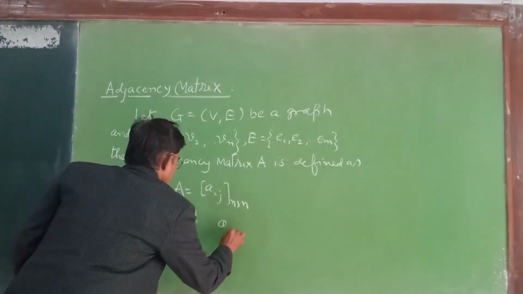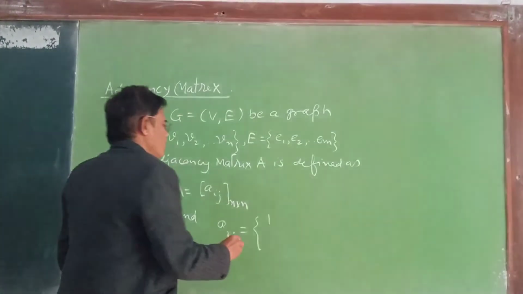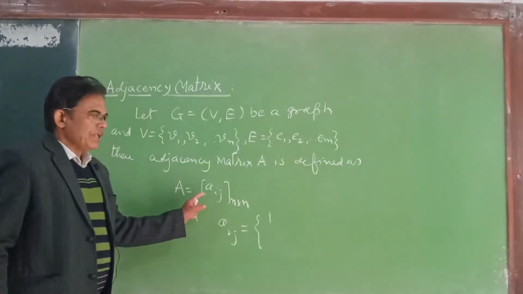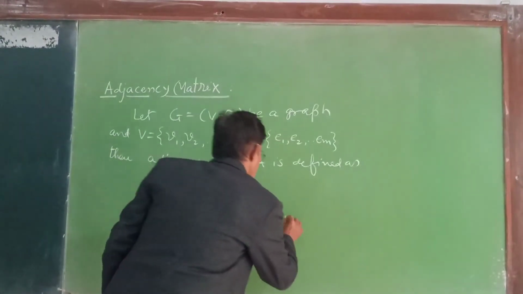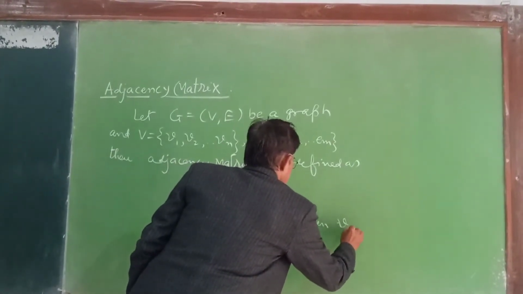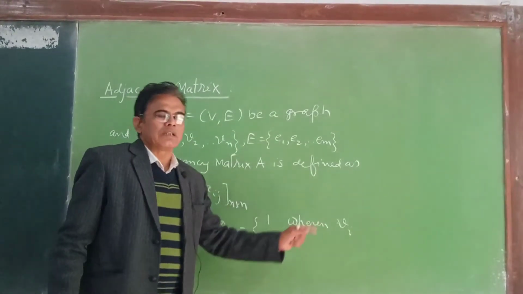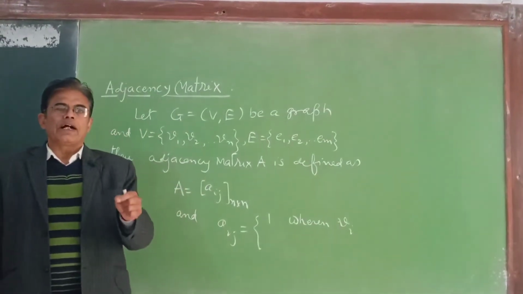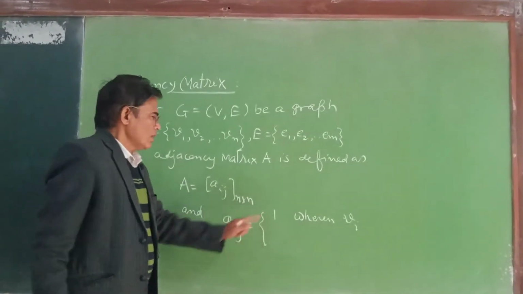is equal to 1 when Vi is connected to Vj, meaning there is one edge between Vi and Vj, then we will write Aij equal to 1.